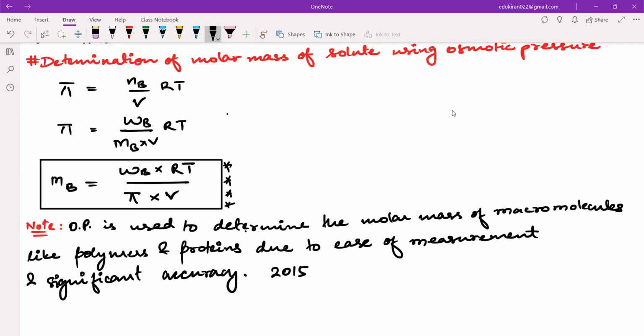Which colligative property is used to determine the molar mass of macromolecules? In the textbook there are like 3 or 4 points related to this, right? Using osmotic pressure to determine the molar mass.